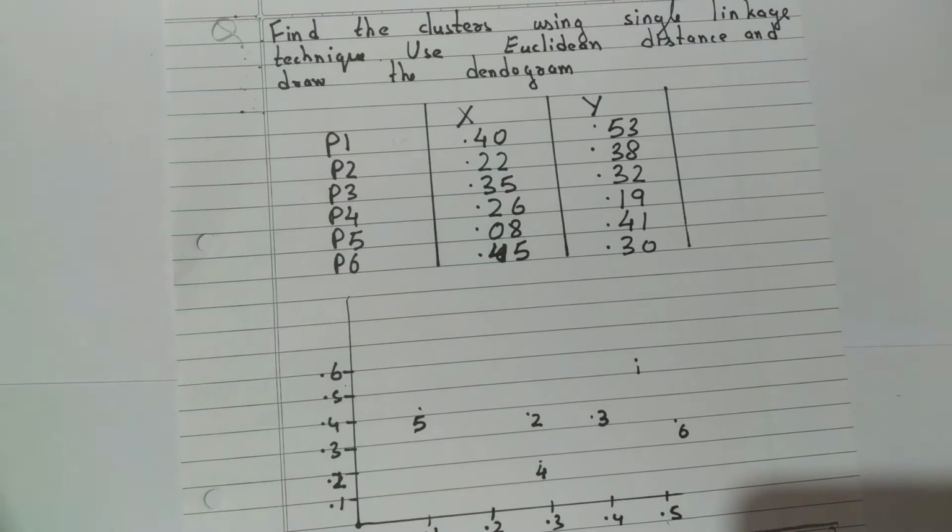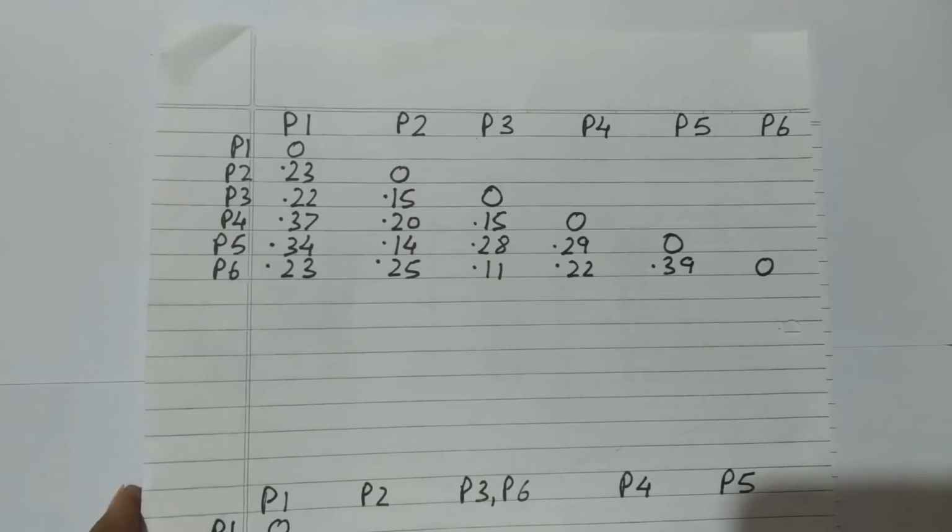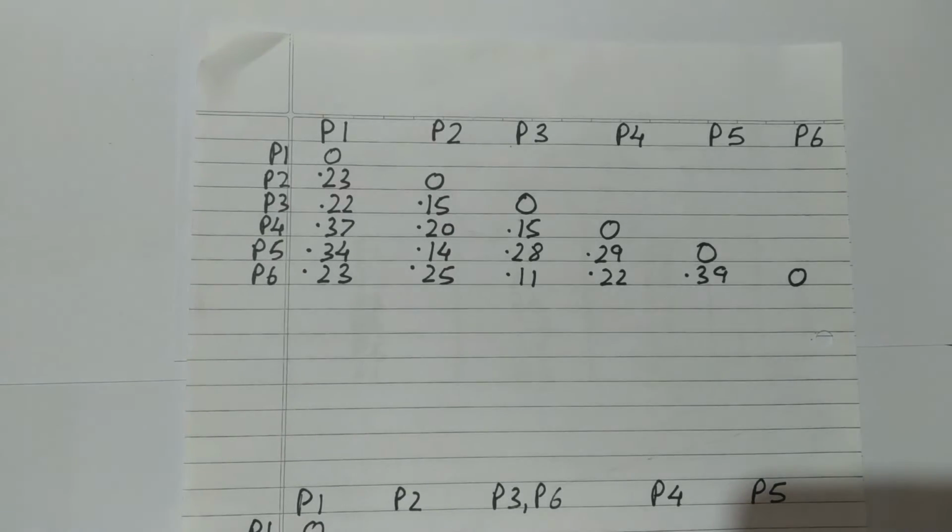Okay, so this is the final matrix. After calculating Euclidean distance between all the points, this is the final matrix which we will get.